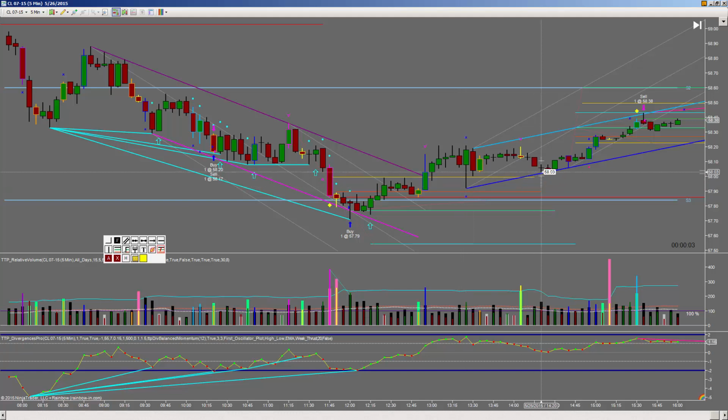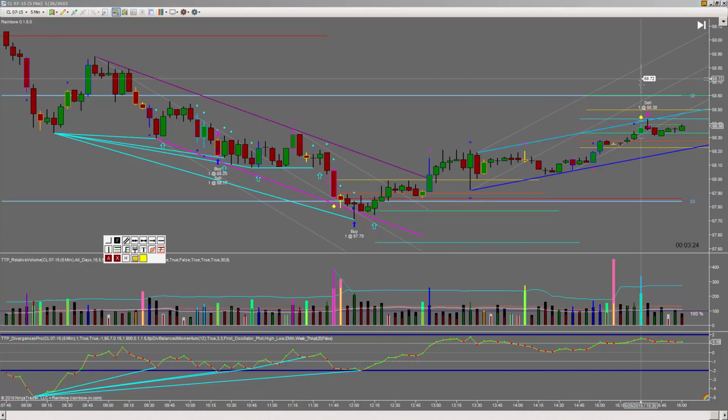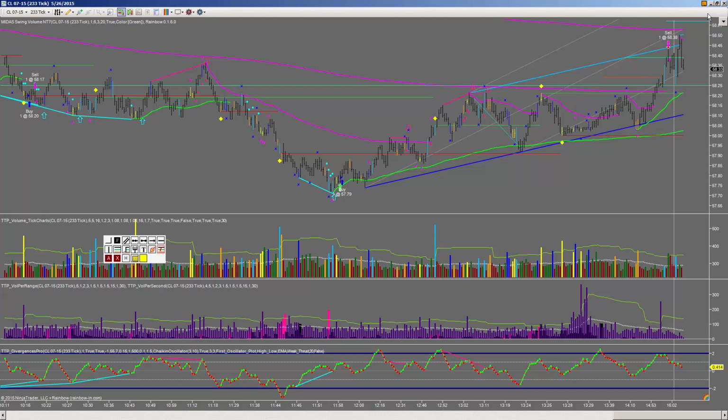So from low to low, back to this high, the highest point between the two, and we get the extreme spike into the high on the previous bar, finally coming up and touching right there, with a 138.2 meeting the upper auto line or the upper parallel channel line, and that's where I get out. And you can see that just as well or even better on the tick chart.